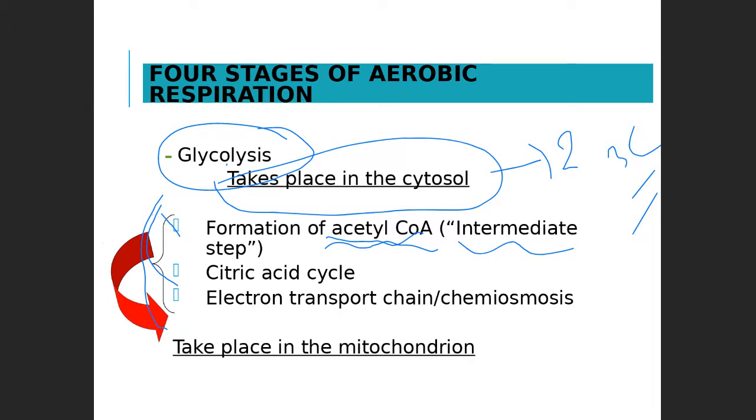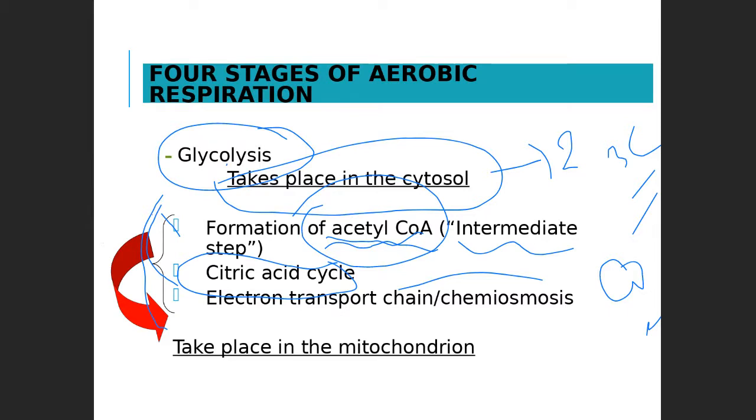And after that, this acetyl coenzyme A will enter the citric acid cycle to become CO2. So I am going to reduce it to a 1-carbon gas molecule of CO2. So during this process, I am all the time releasing electronic energy, electrons.